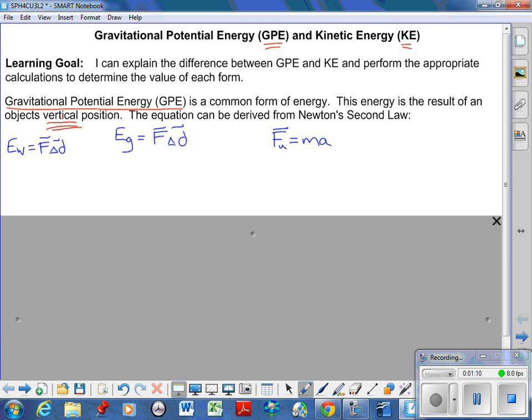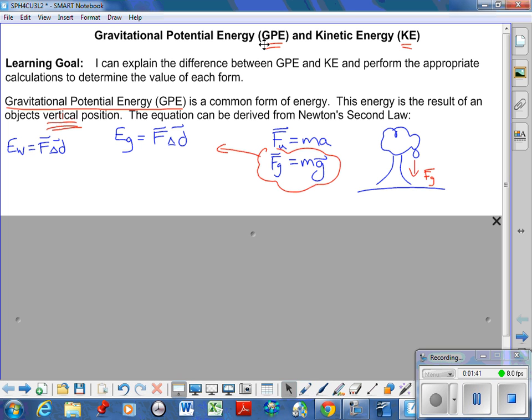Now, if something is hanging, all right, so if I have a tree and an apple above the ground, force due to gravity is acting on that apple. So that's my Fg. So that means that F = ma would become force due to gravity, mass times g. So I can use that and plug it into that equation.